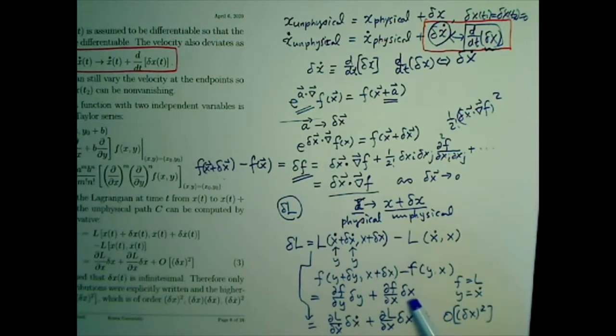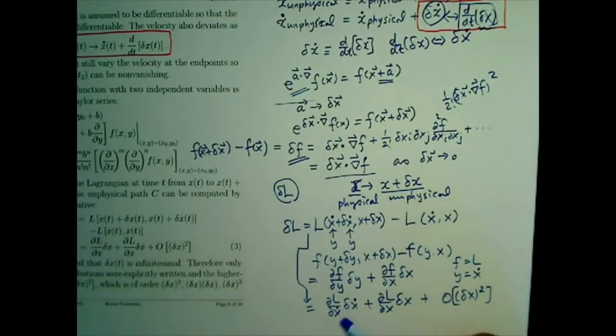Now we return to the fact that f is the Lagrangian and y is x dot. We substitute that the Lagrangian's partial derivative with respect to the velocity is multiplied by the variation of the velocity. And actually we know that the variation of the velocity is the velocity of the variation, and the x partial derivative is multiplied by delta x, plus higher order pieces.